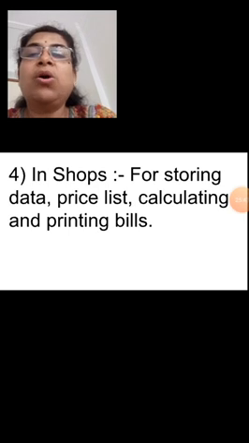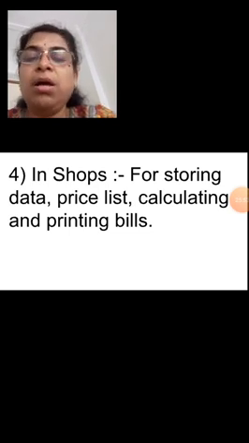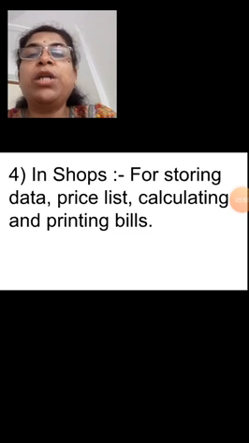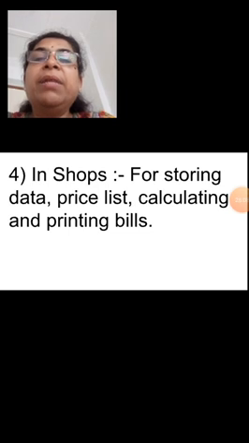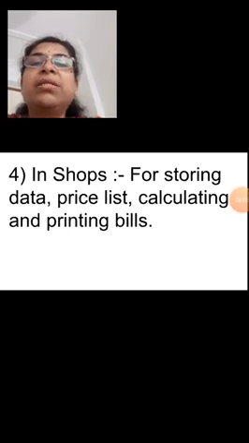All these records are kept inside the computer, and the price list, and calculating and printing bills. Whatever items we have purchased from that shop, they will get listed. If any discount is there, if any coupons are used, that calculation is done, and we get the printed bills, correct?